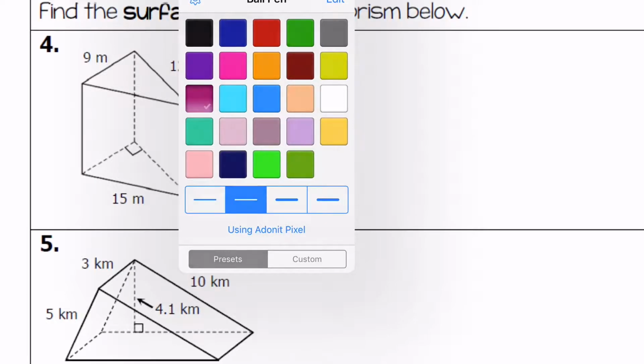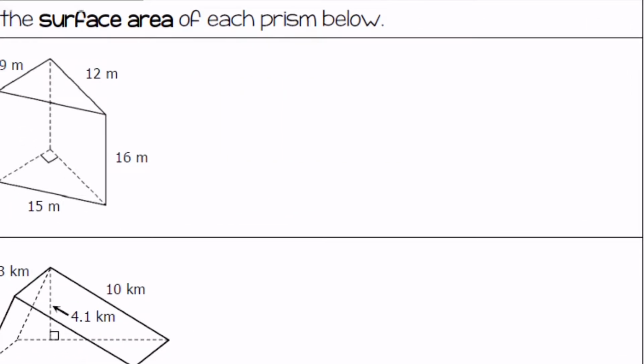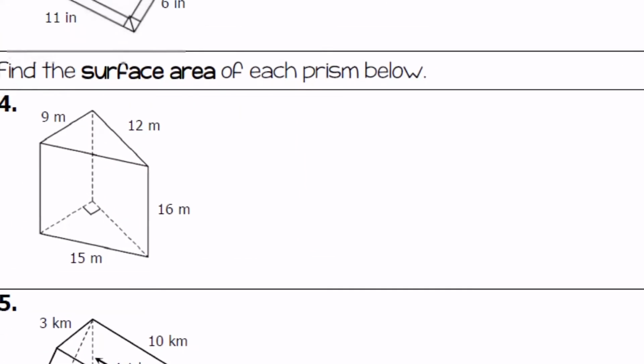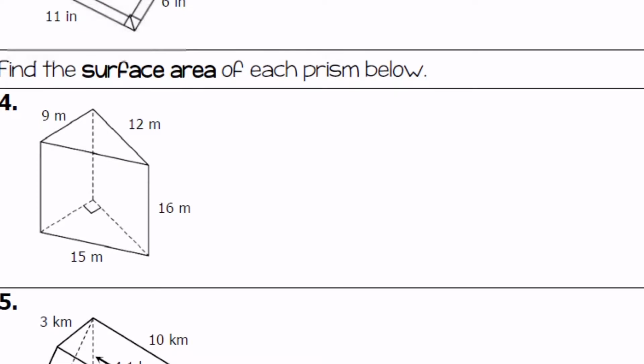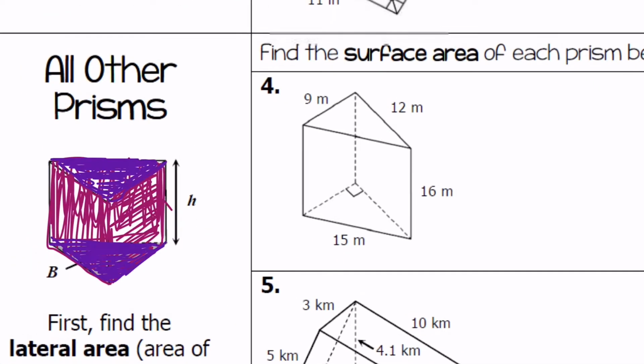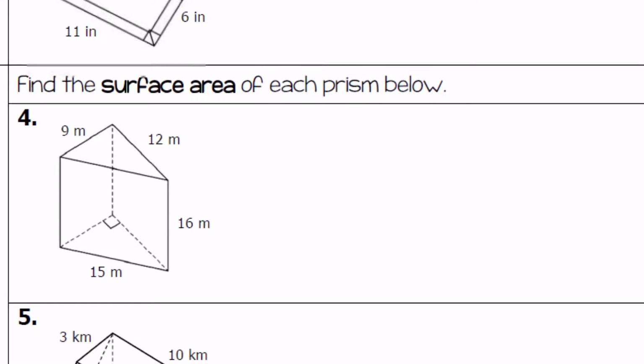Okay, so how this works is I'm going to first write out what I have. I want to try and find my lateral area first. So I need my height and my perimeter. So my height is equal to, okay, here's one base, here's another base. So that means my height is this right here, 16 meters.